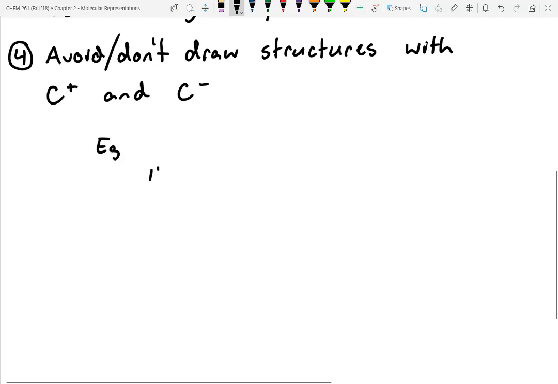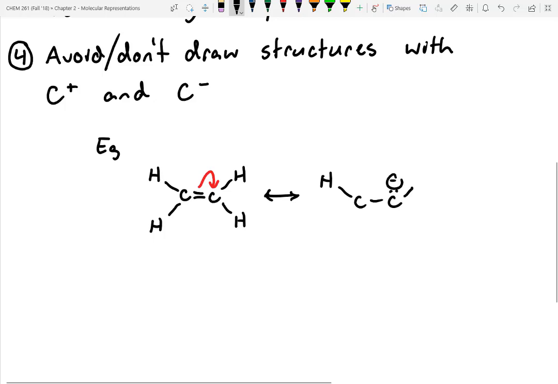Let's say we have a simple alkene. This would be ethylene. Students will get tempted to say, hey, can't we just move this pi bond over to that carbon? If we do that, this carbon would now have a negative charge. It would still have both hydrogens on it. And the carbon on the left would have a positive charge. There's a few problems with this.